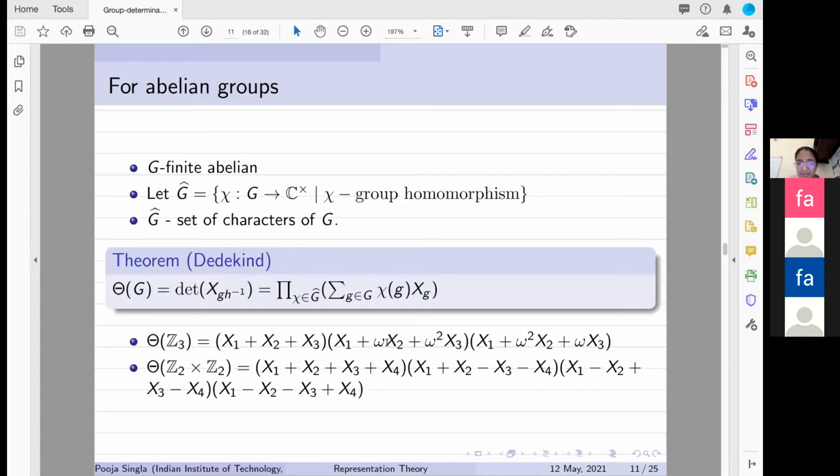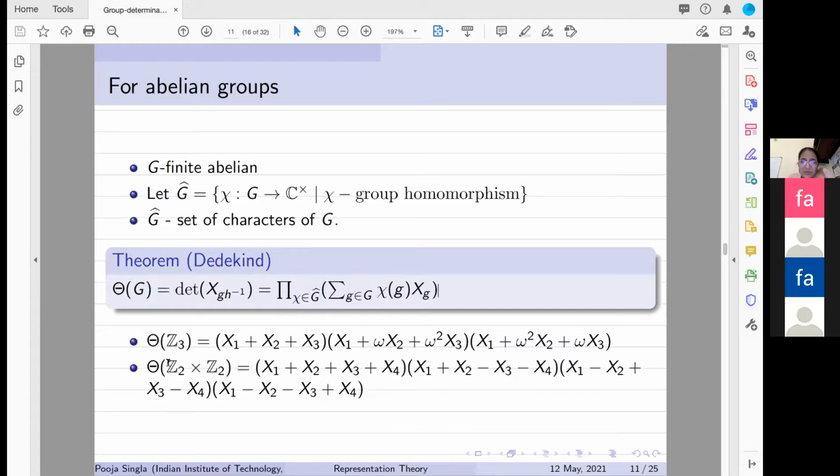A2 is the generator. Then there are exactly 3 homomorphisms, and that's why there are 3 factors. That's what the product is. One homomorphism takes the generator X2 to omega. Another homomorphism takes it to omega square, where omega is the primitive cube root of unity. Okay, so that justifies that it's exactly the same, and hopefully it also makes it clear how to work with this formula. If there are any questions, please feel free to ask.